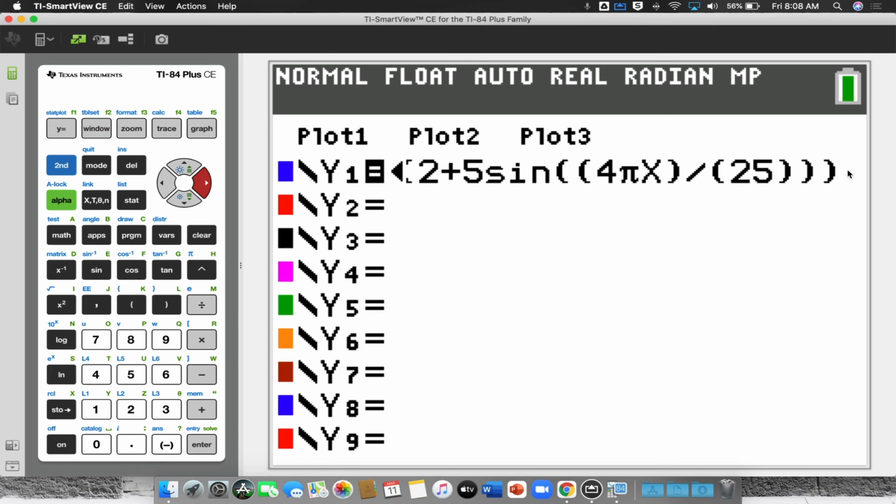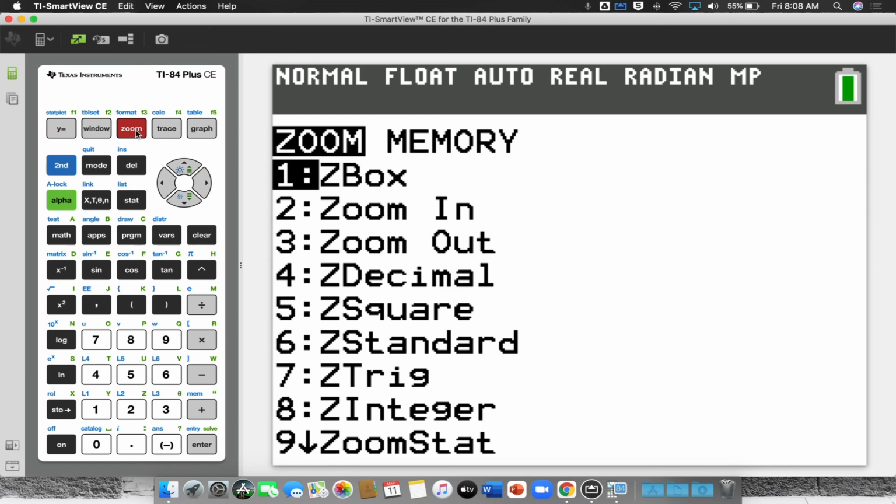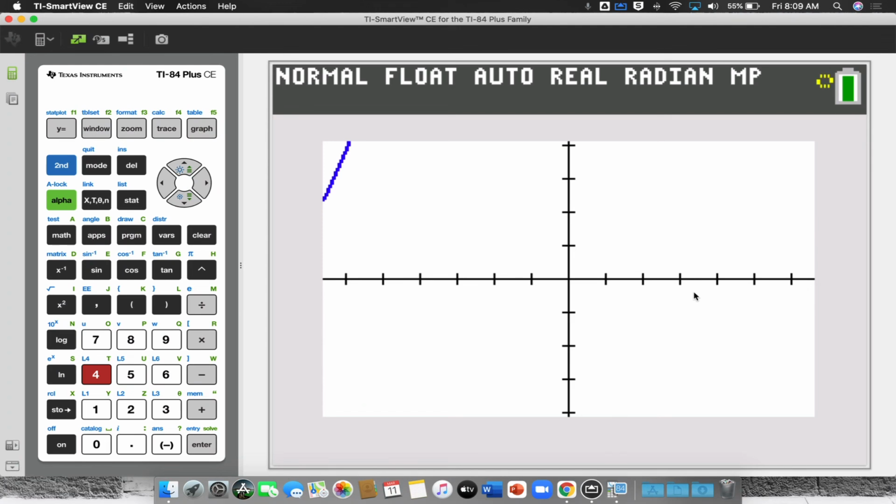So when you want to graph in this class, you hit the zoom function, and there's a couple different ones you can go to. I use zoom decimal. Zoom standard works too. The one I use all the time is zoom decimal, because that's the one I was taught.